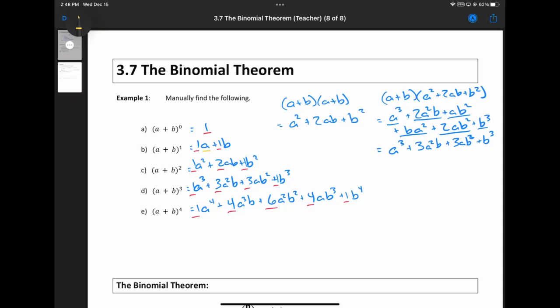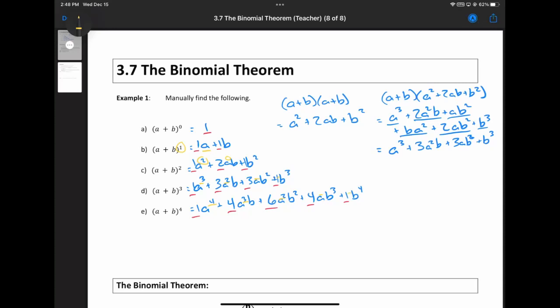Here we have a to the exponent 1. For a plus b squared, it starts off with a squared, then an exponent of 1, and then an exponent of 0. And then the a's go 3, 2, 1, 0, then 4, 3, 2, 1, 0.